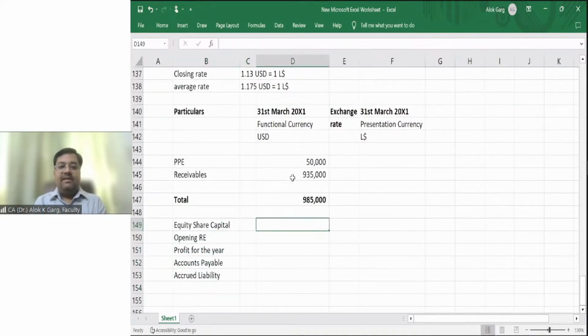And what are the balances in dollars in functional currency? It is 50,000, 28,000, 20,000. 50,000 is equity share capital. 28,000 is opening retained earnings. Then 20,000 is profit for the year. This total makes the closing retained earnings. Accounts payable is 8,40,000. And accrued liability is 47,000.